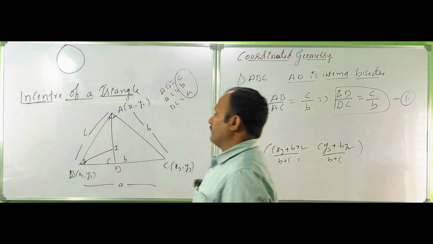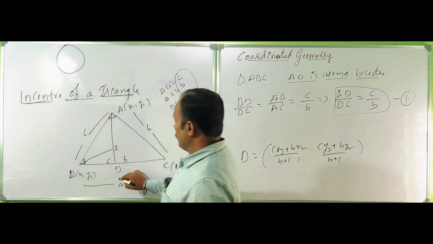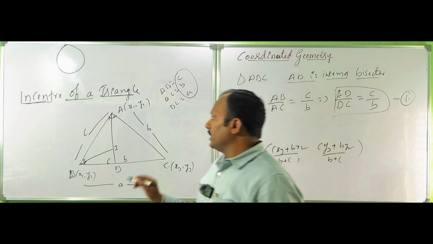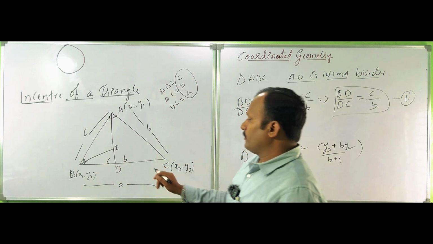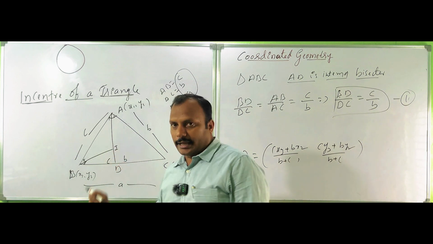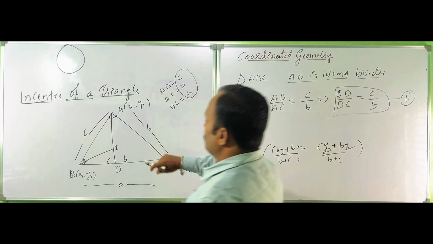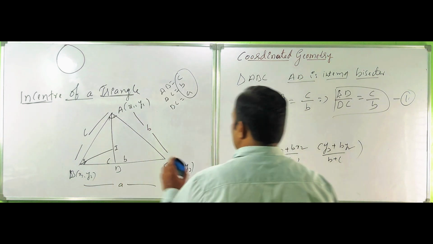Then we find the point D, which is x1, y1. Then we should find AI and DI. To find the point I, the incenter of the triangle, we should take the ratio in which I divides AD.